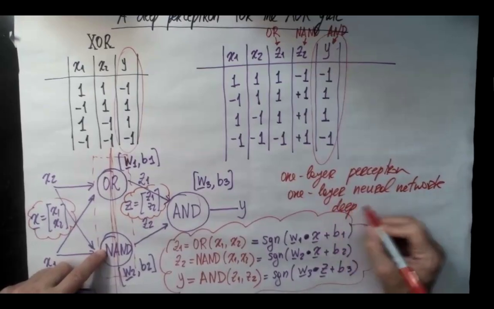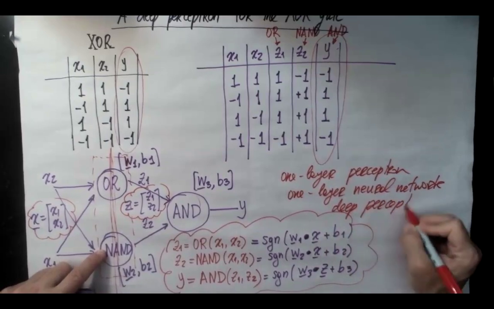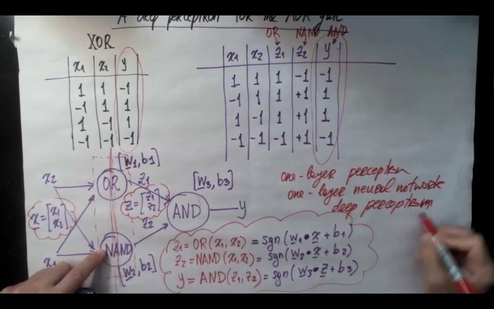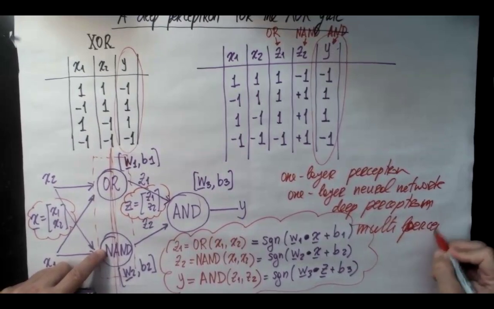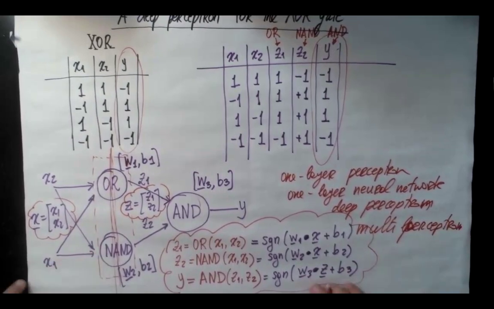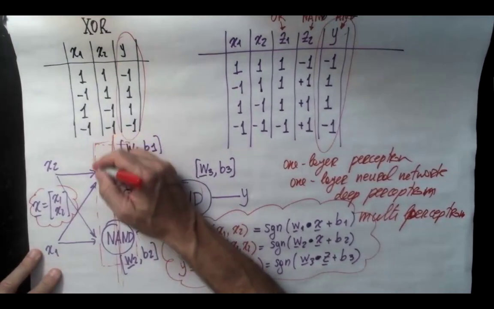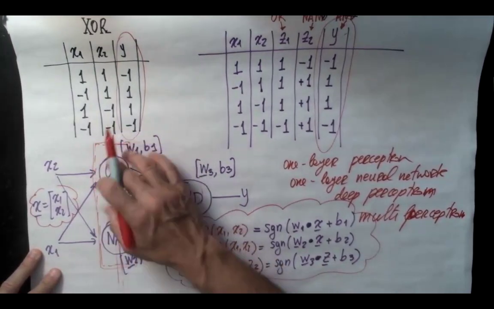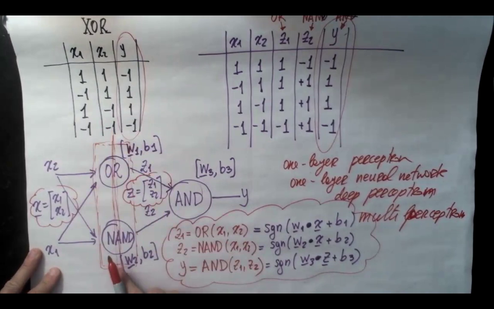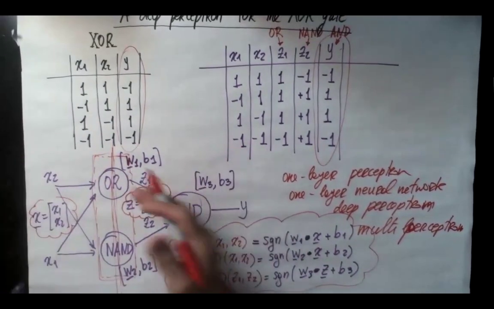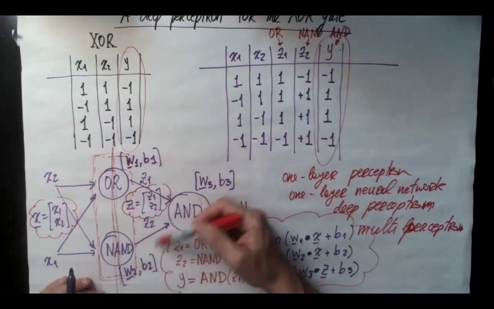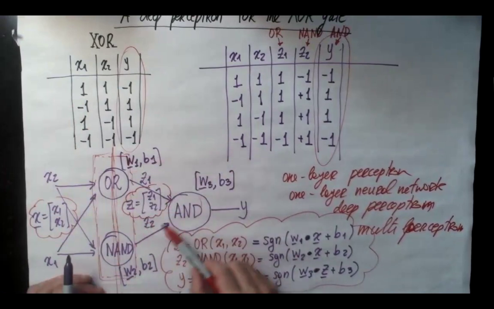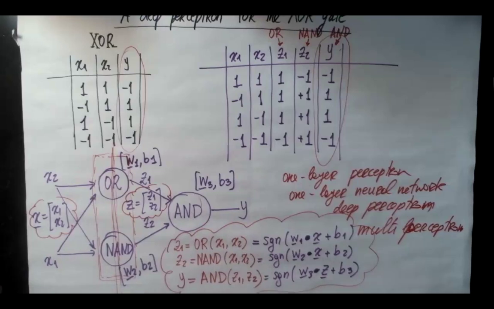Or the deep perceptron, or the multi-layer perceptron. And what happened is, because we have this hidden layer between the input and the output, there is this hidden layer which does this intermediate operation before going to the final perceptron here.